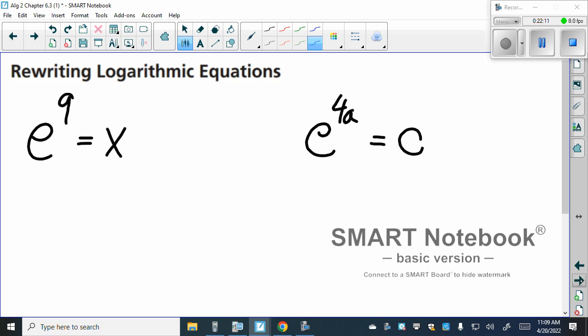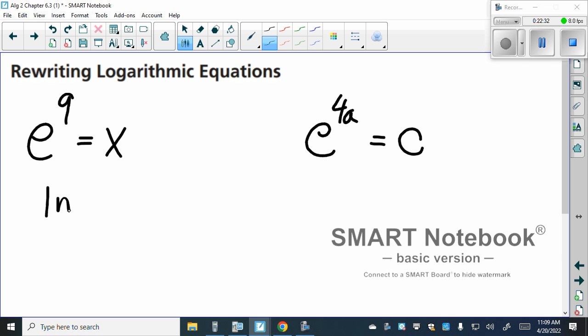Oh, sorry. I was getting ahead of myself, because that's actually what I wanted to go to. Now, we're going from exponential to logarithmic. We're going the other way around. So this time we would be applying the ln. So we'd have ln of what? Well, the base is e, yes? But as we said, it's understood to be e.